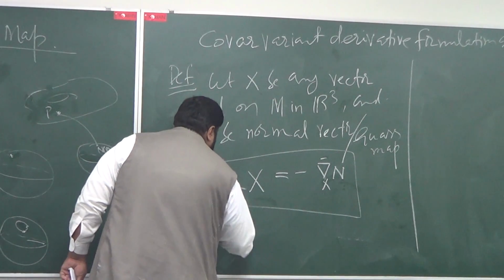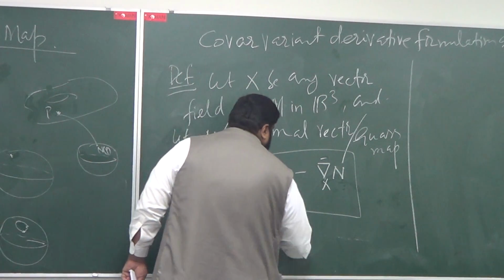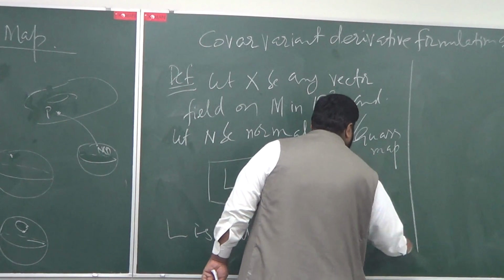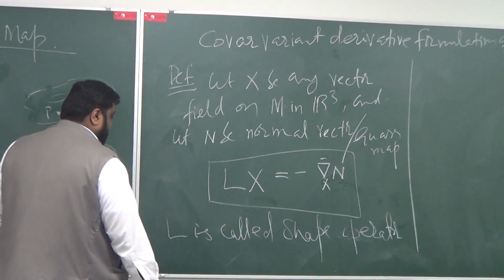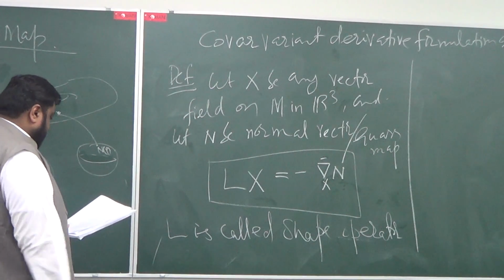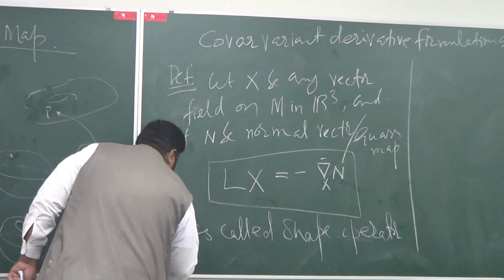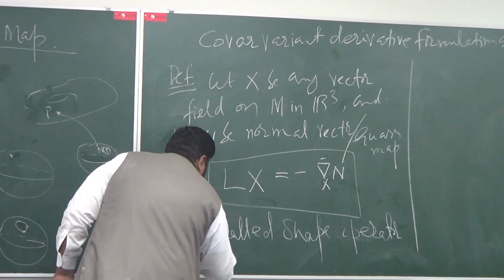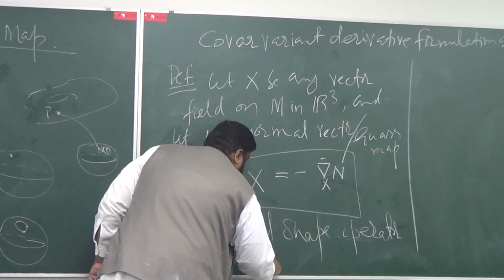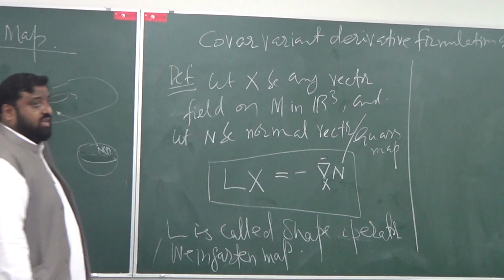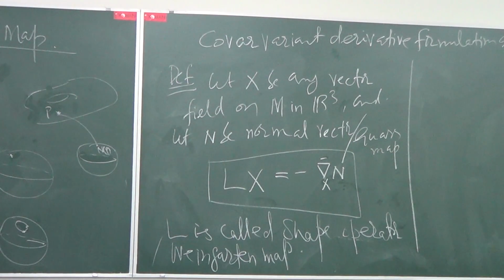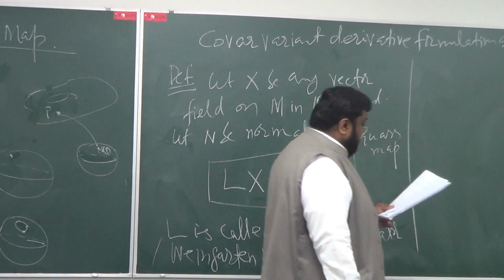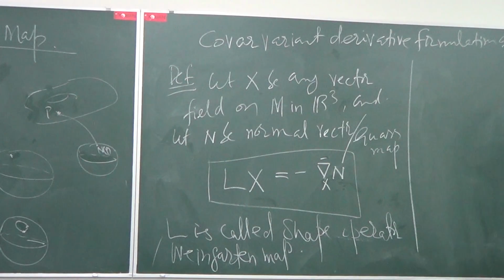L is sometimes called the shape operator. But some people, for example the book here, call this the Weingarten map. Weingarten, spelled G-A-R-T. Yes, the Weingarten map.